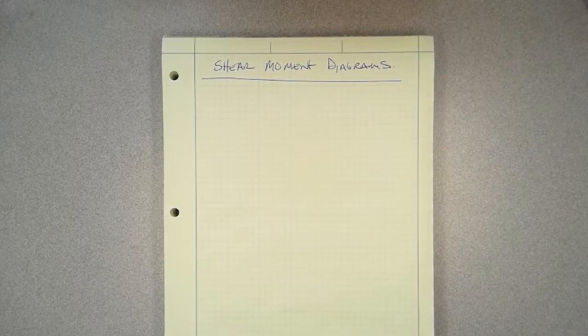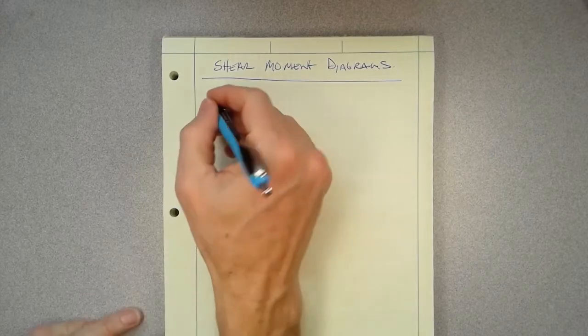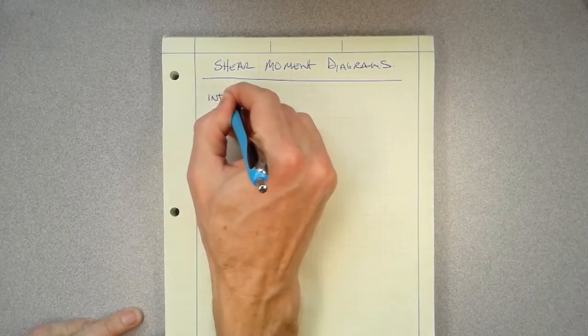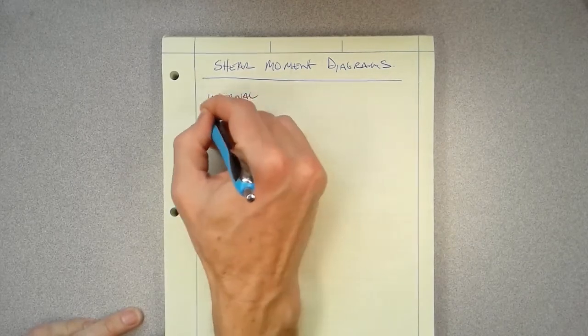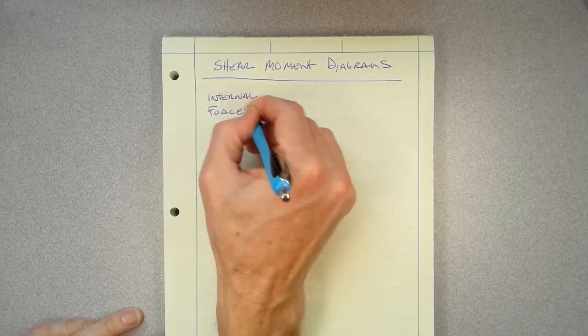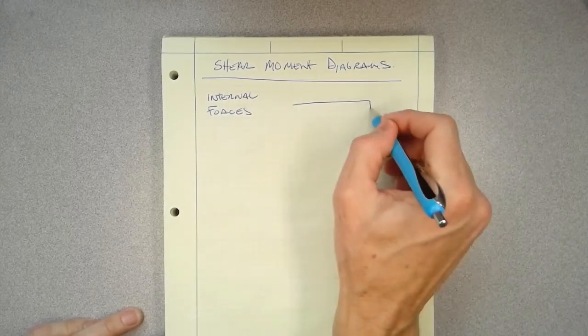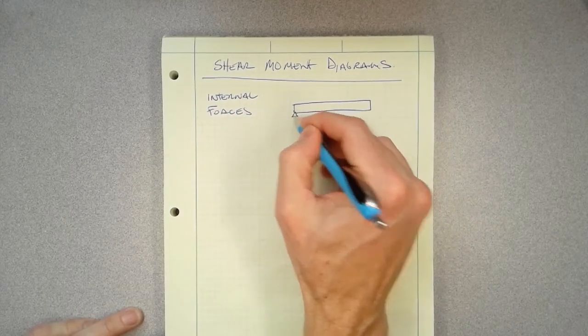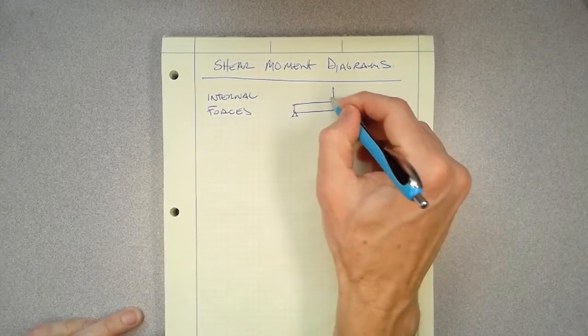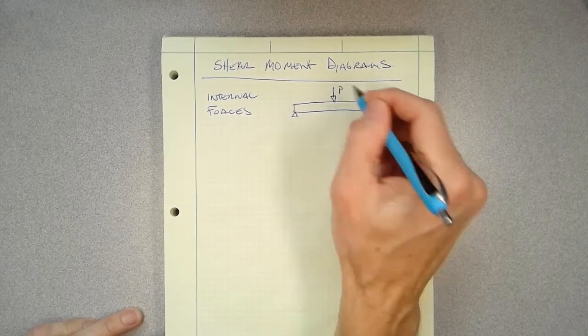Now, to be able to do shear moment diagrams, you're going to need to understand how to do internal forces. So, our internal forces: you're going to need to take a beam that is supported and has its load conditions on it.